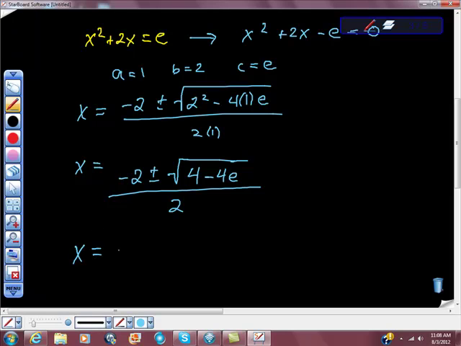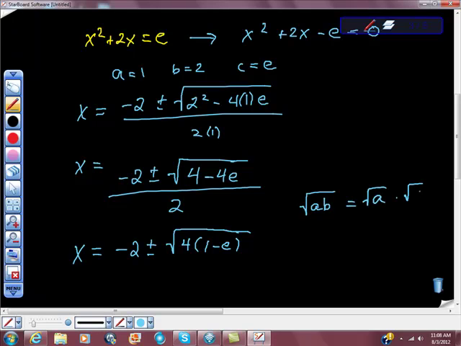So it is equal to the opposite of 2 plus or minus the square root of, look at this, 4 times 1 minus e. All I'm doing is factoring out the inside because I know this rule. Remember the rule of radicals: the square root of the product of a times b is equal to the square root of a times the square root of b.